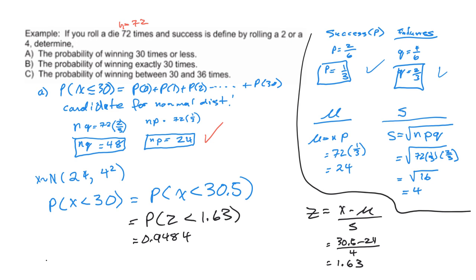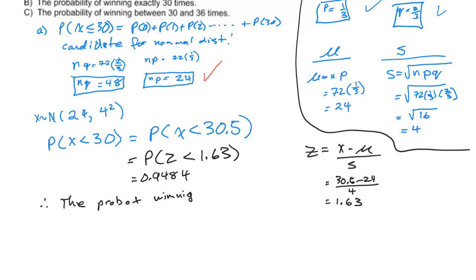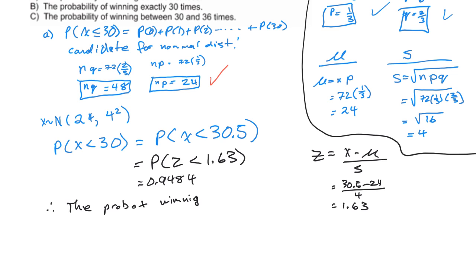And this tells us, therefore, the probability of winning 30 times or less is about 95%. And we're done.